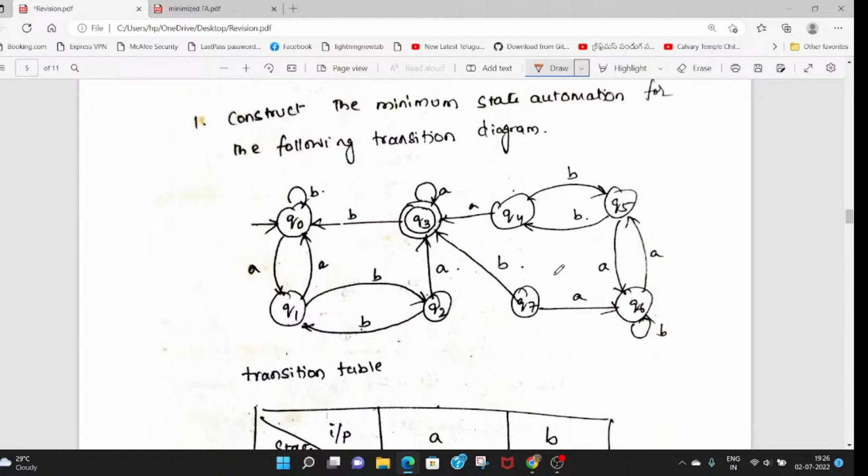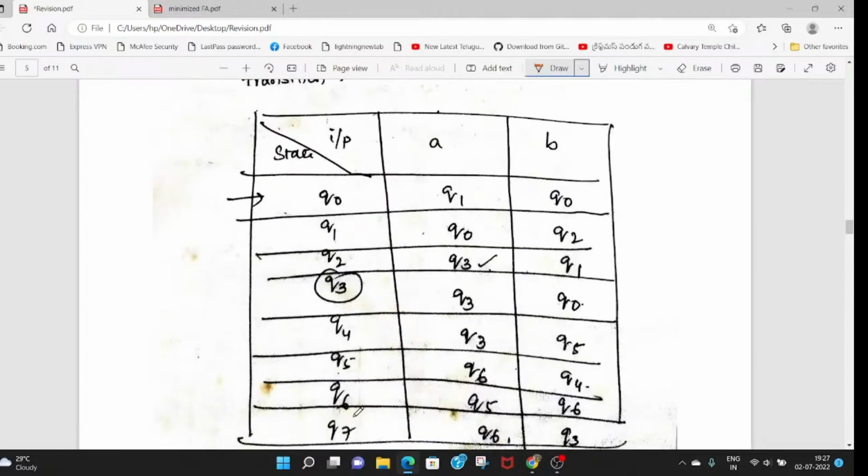So this is the transition diagram given for you. Remember, first of all, when a transition diagram or a state diagram is given, you have to convert it into a transition table. You all know how to convert a transition diagram into a transition table. You take all your states and all possible inputs.